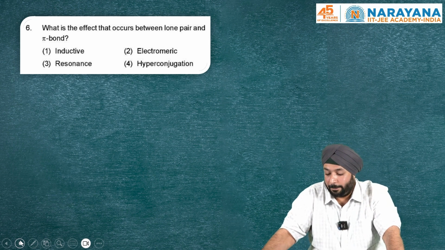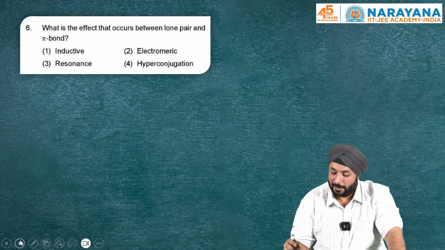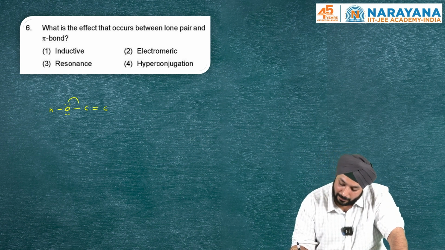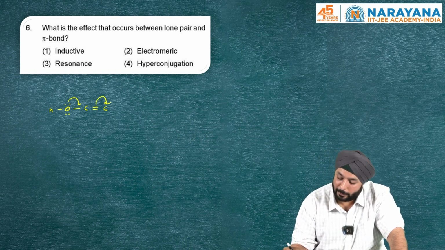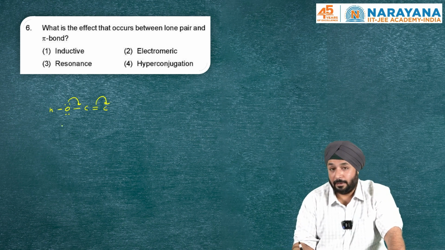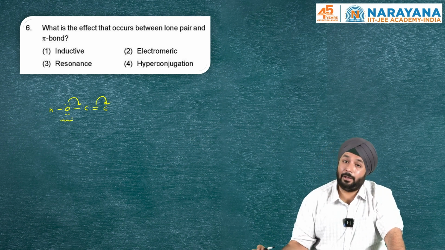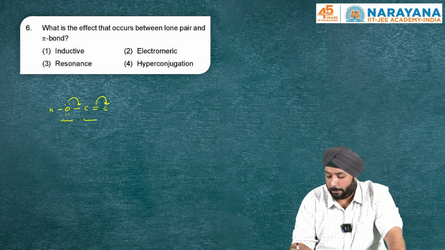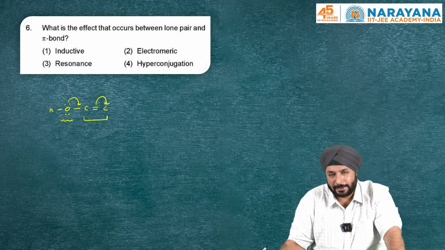Now, what is the effect that occurs between the lone pair and pi bond? I have a lone pair, then I have a sigma bond, and then I have a pi bond. You know that in this molecule there is a phenomenon known as resonance, in which the oxygen atom, which has a complete octet, will donate a pair of electrons into the vacant antibonding molecular orbital of C=C.